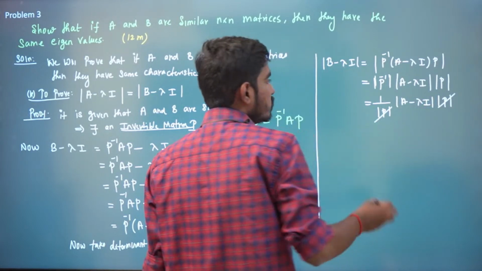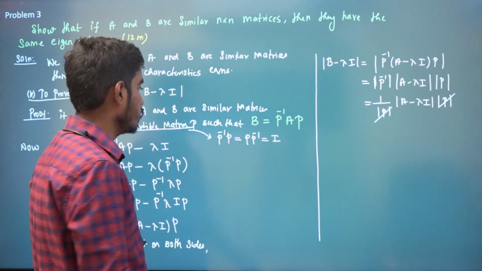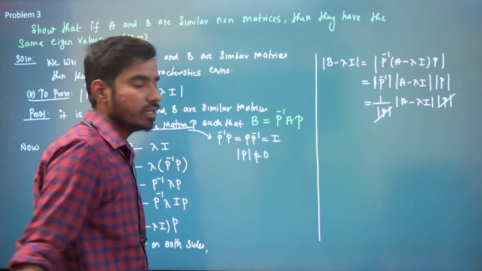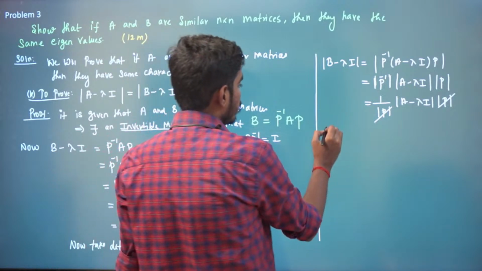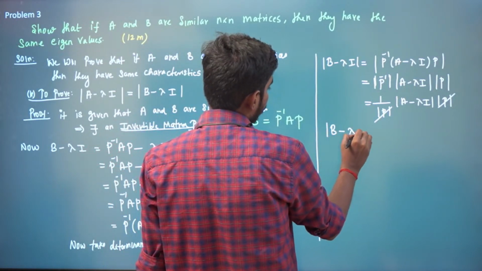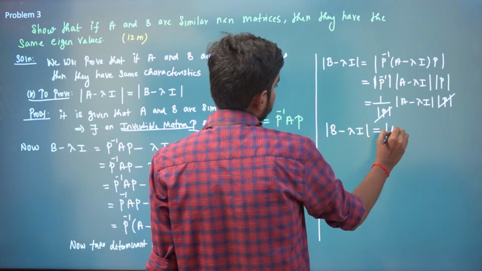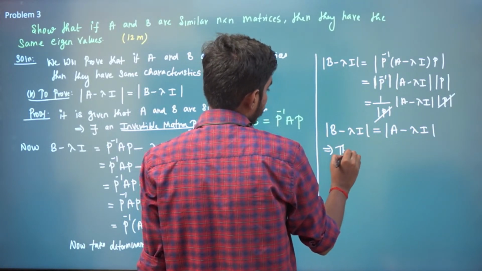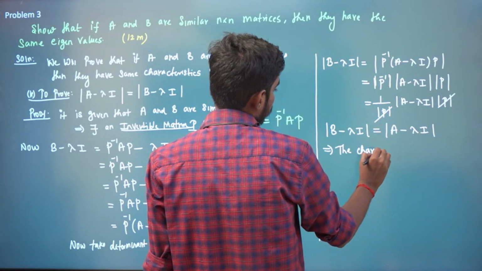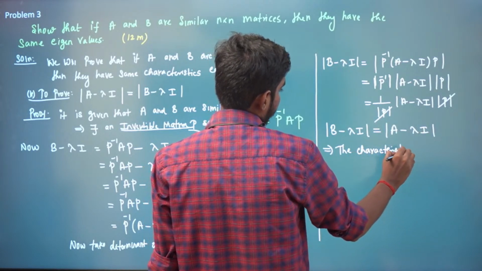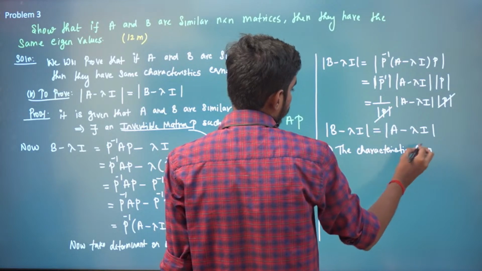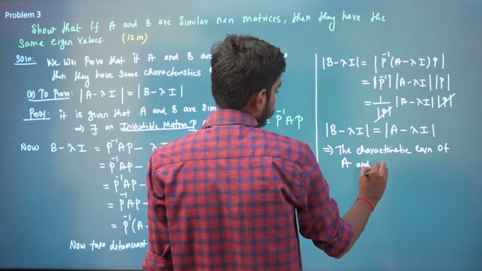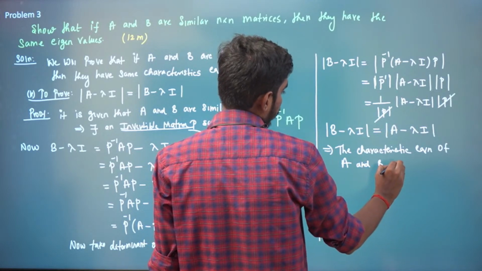I can cancel this because determinant of P is not equal to 0, since P is an invertible matrix. So we have determinant of B minus lambda I is the same as determinant of A minus lambda I. This implies the characteristic polynomials, or characteristic equations, of matrices A and B are the same.